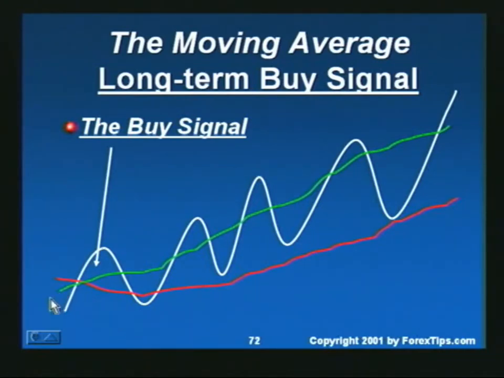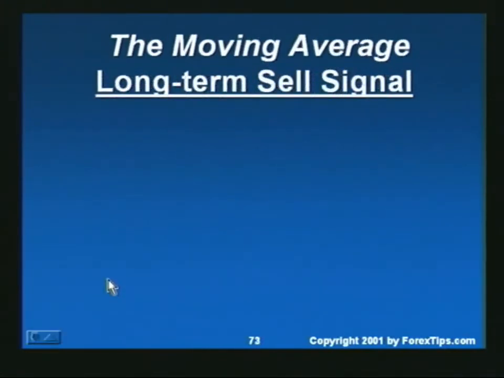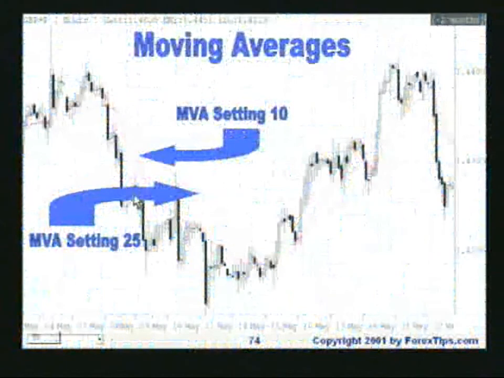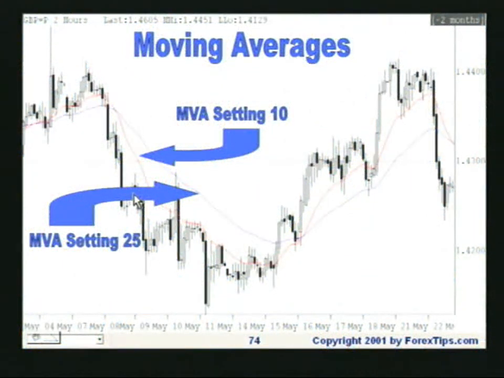Whenever the fast moving average crosses the slow moving average, in other words, the 10 setting crosses the 25 setting, that can give off a buy signal. It can also give off a sell signal. When the fast moving average crosses from the north to the south, it can give off a sell signal where the trader can get involved in the market.